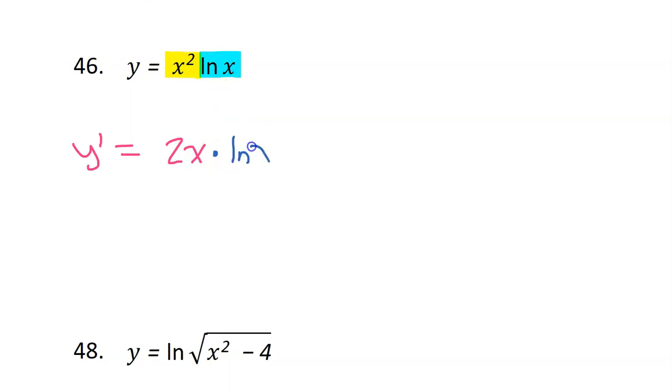So that's natural log x. And then you put a plus. And then you go through this again, but this time you leave the first factor the way it is, and you multiply by the derivative of the second factor. We just learned that the derivative of natural log x is 1 over x.